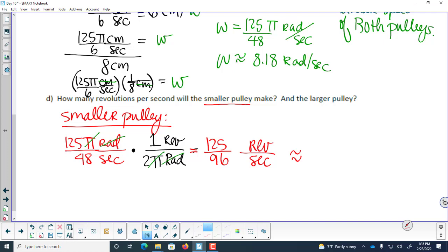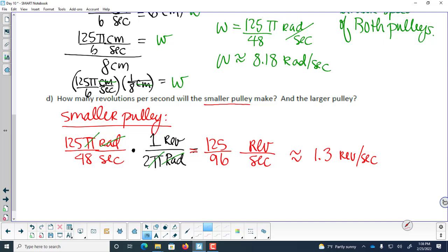Oh, I'm on the wrong one, sorry, I was on the bigger one. 1.3 revolutions per second. Okay, so the larger pulley then is going to have a smaller angular speed, which is 0.69 revolutions per second, is what I got. 0.694, close enough. All right, cool. I'll take it.